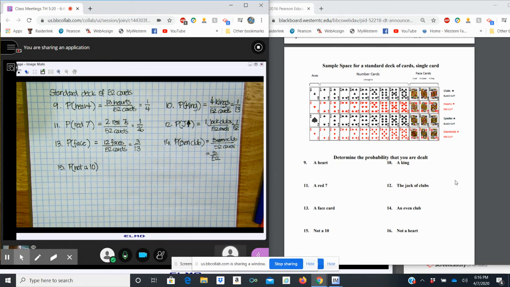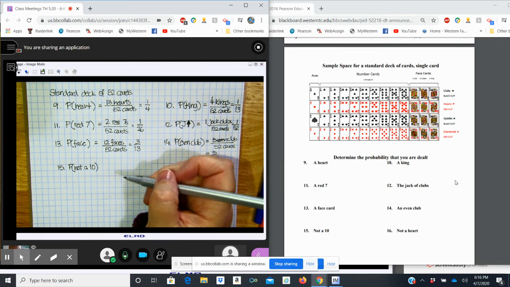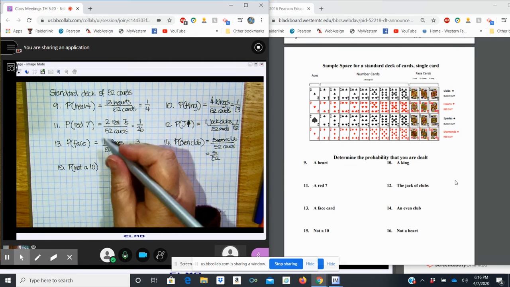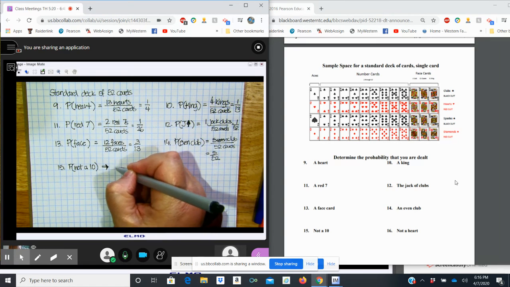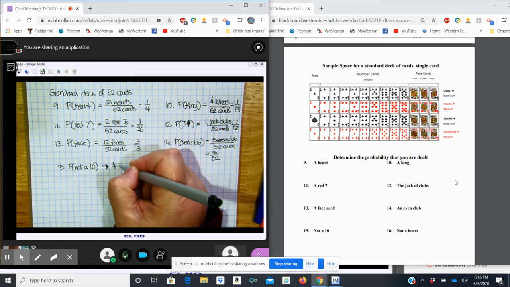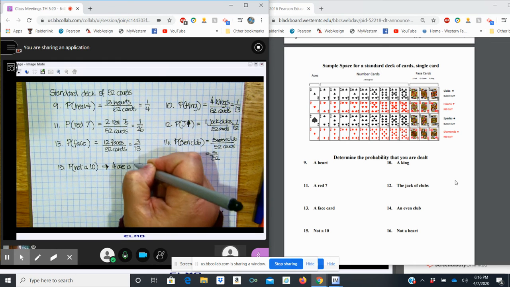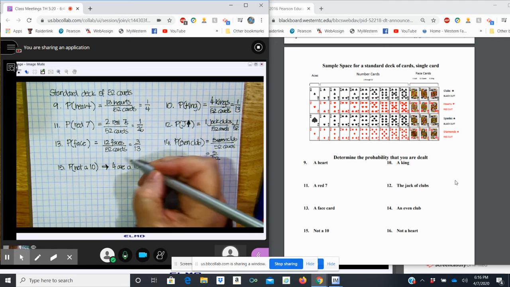What's the probability that it's not a 10? Well, hold up. These can be done in a slightly different manner. We can say 4 are a 10, right?